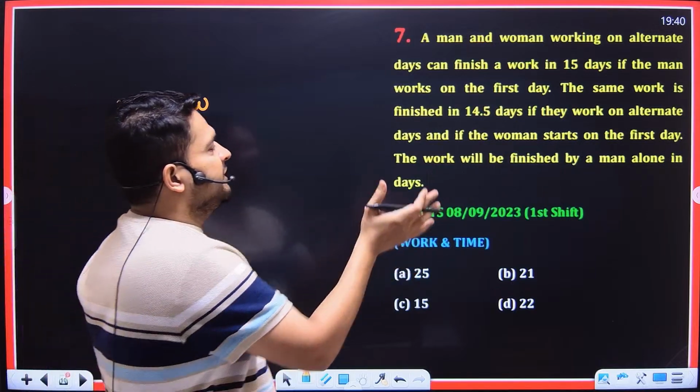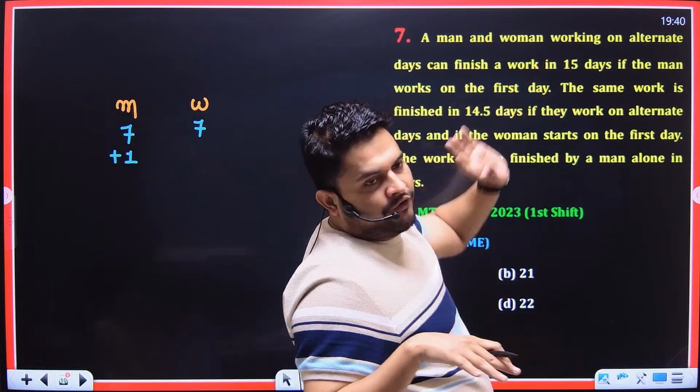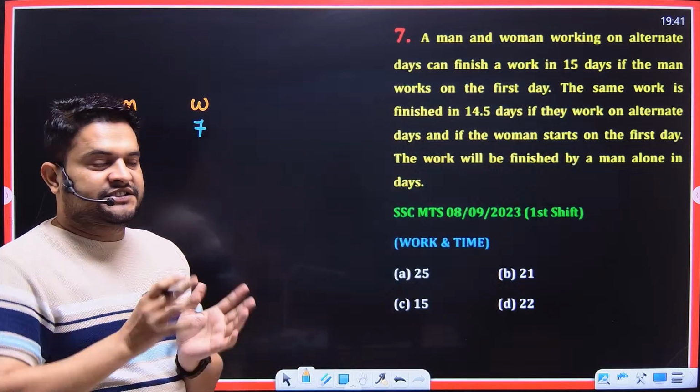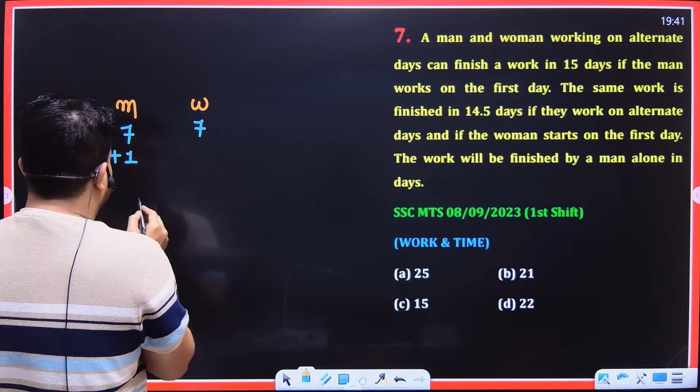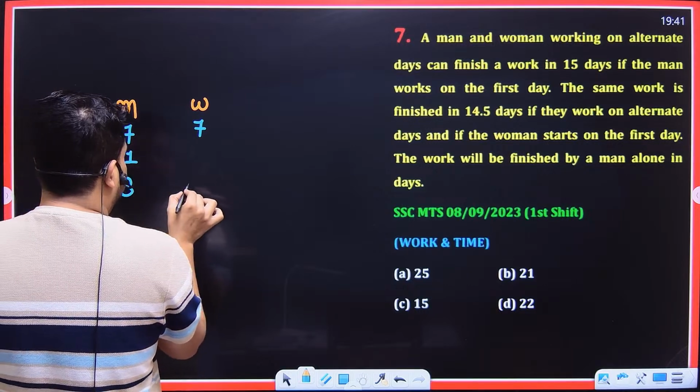If I eliminate the first day, then I have 14 days. I can divide them 7 and 7. First day man works. It means man works for 8 days and woman works for 7 days.